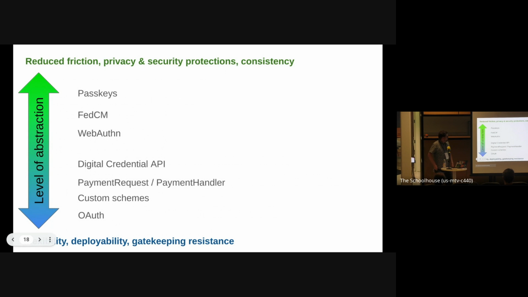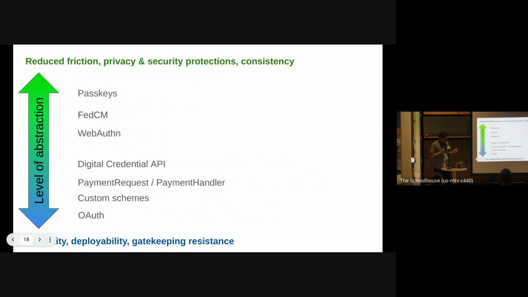One of the really interesting trade-offs I find in this whole space, and actually this comes up a lot in web platform design, is the tension between a high level of abstraction API and a low level of abstraction API. You know, we've talked about this in the UI space around extensible web ideas of low level versus high level CSS APIs. But here, if you plot the different credential and payment systems that we have on the web, there's this interesting spectrum, and I don't think there's any one perfect fit.